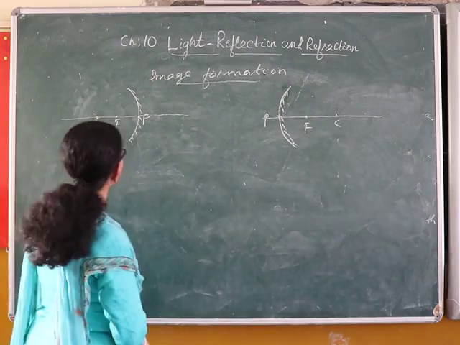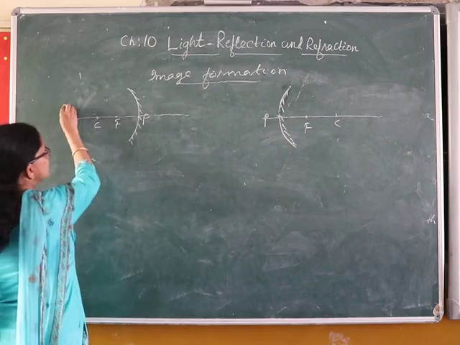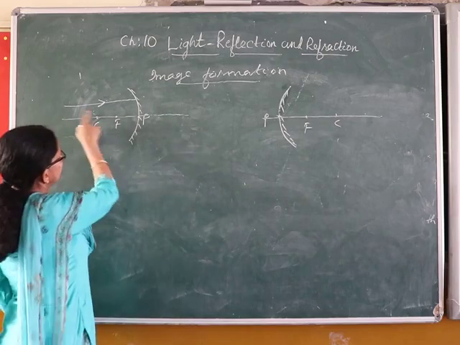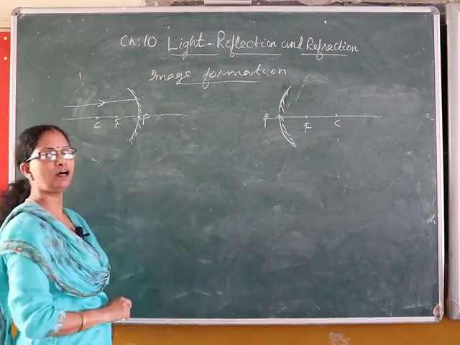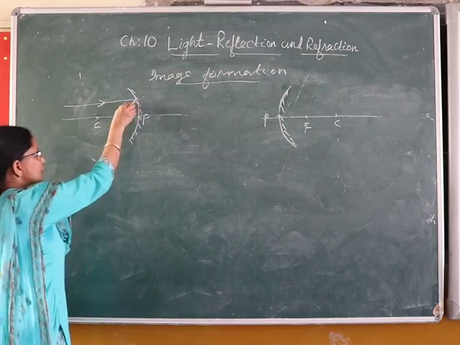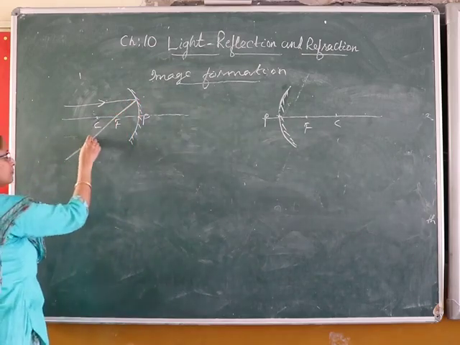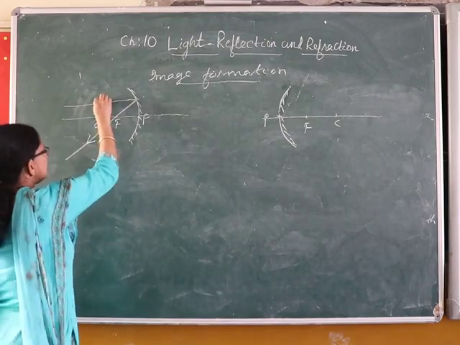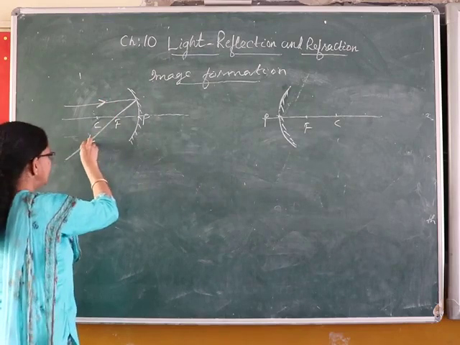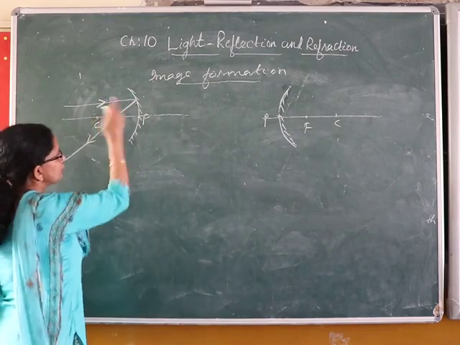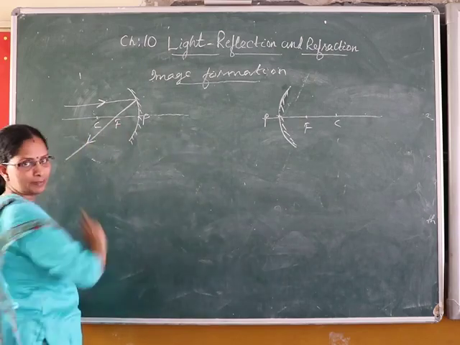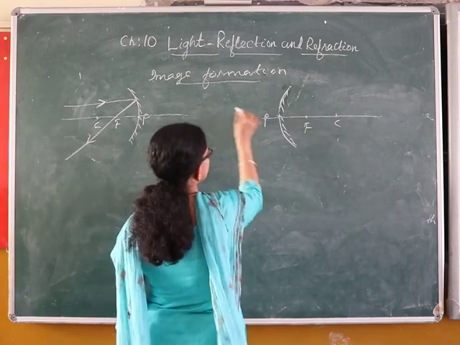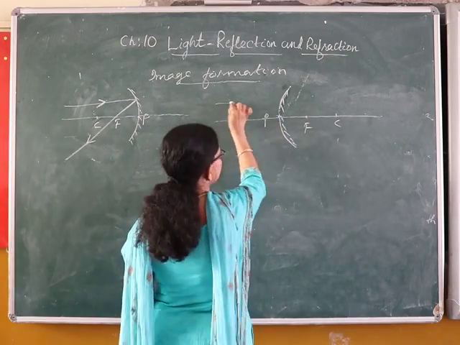If a light ray that is coming parallel to the principal axis strikes a concave mirror, after reflection that ray always passes through the principal focus. Whenever we draw the rays, we have to show the direction with the help of an arrow. So when a ray strikes a concave mirror coming parallel to the principal axis, it always passes through the principal focus.